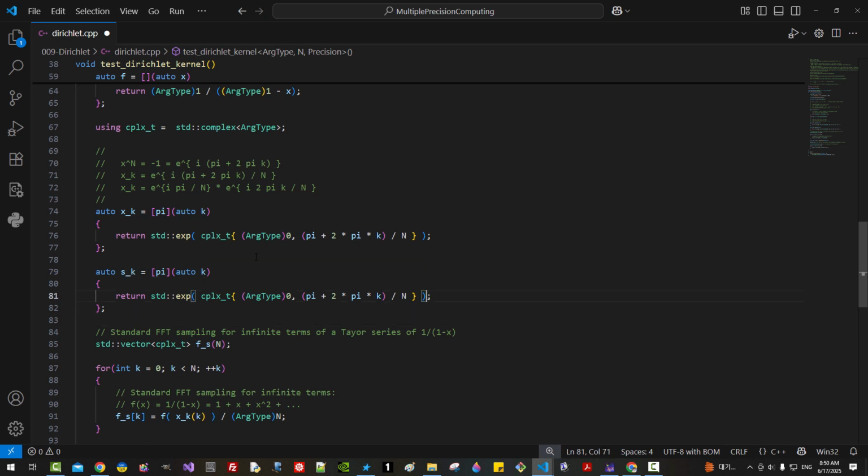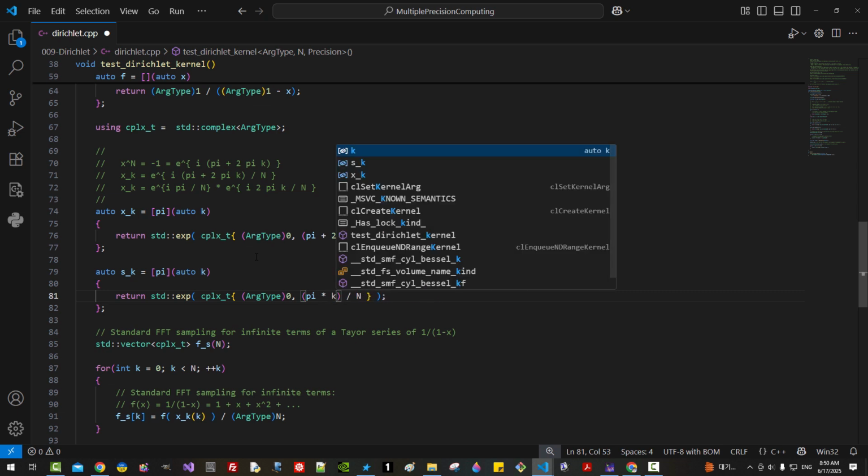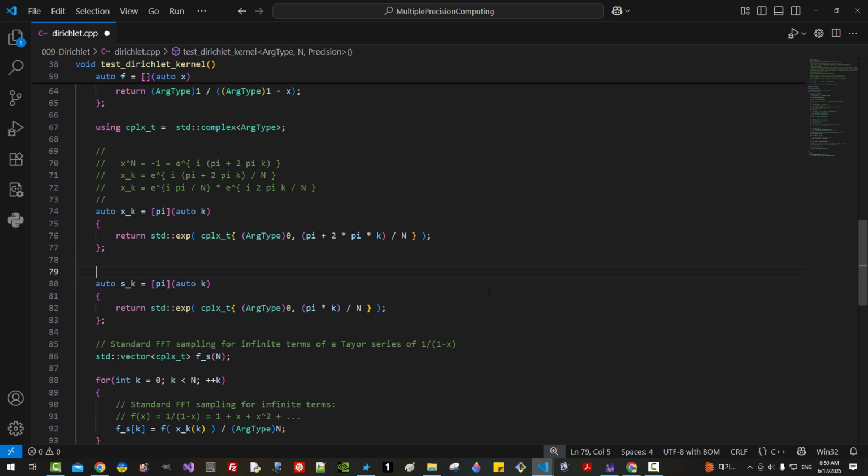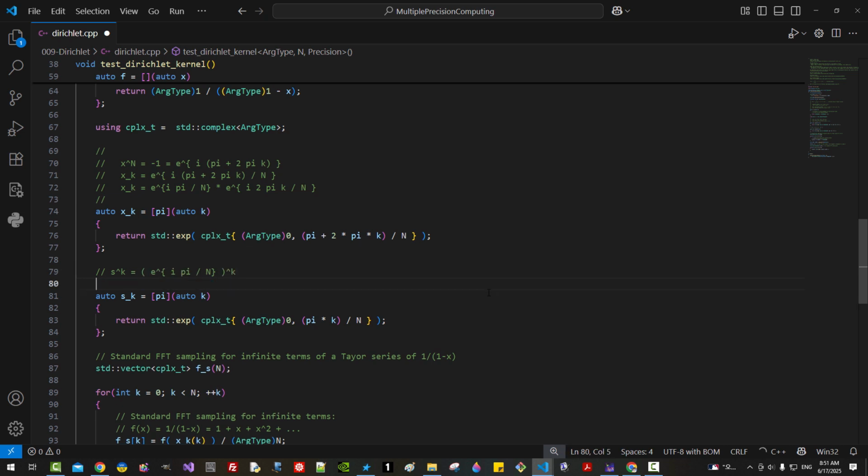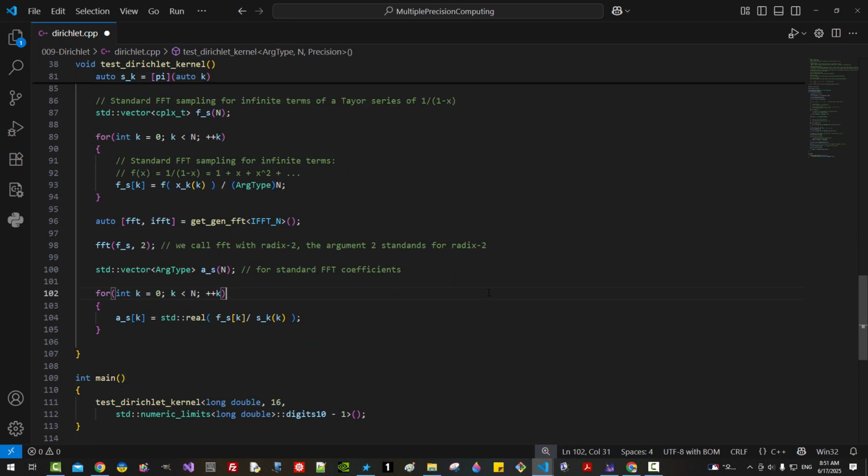We can delete this part, times k. This represents sk, or i phi over n to the kth power. This is equivalent to this, where s is, we simply remove k. So this is our method.